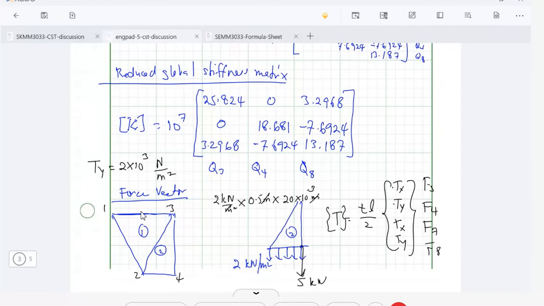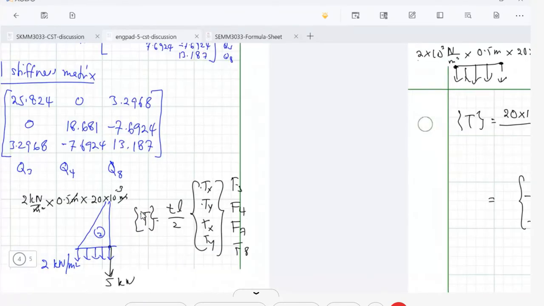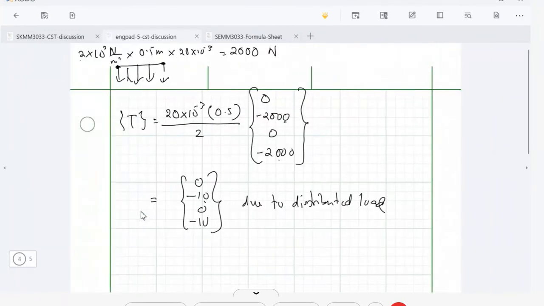So that is the value, minus 2000. Note that this is going downward, so it's a negative number because of the direction. So I just plug in this value, and half of the 2 kilonewton will go to this node and another half will go to this node. And the total is minus 2 kilonewton, which is correct.